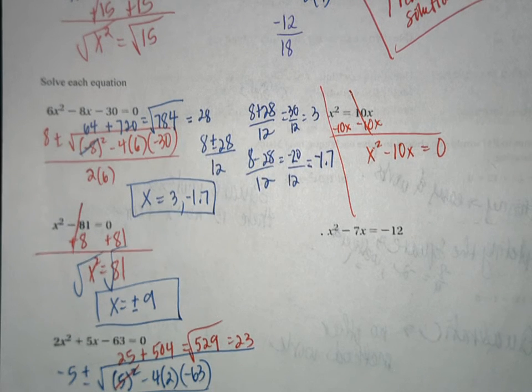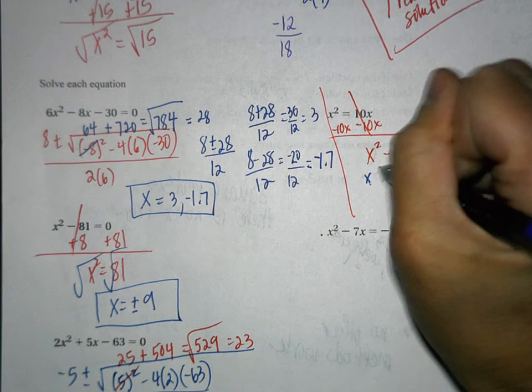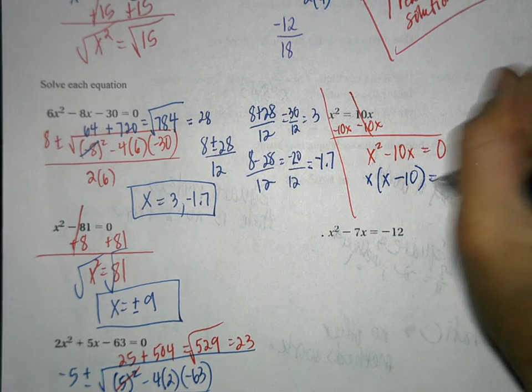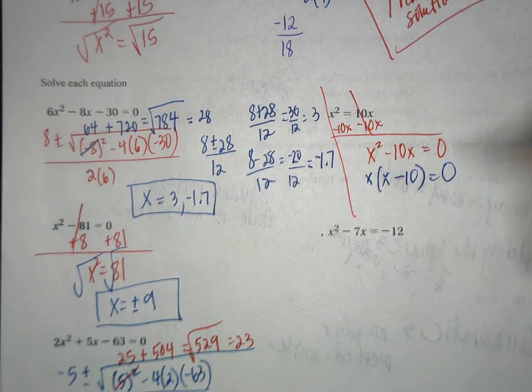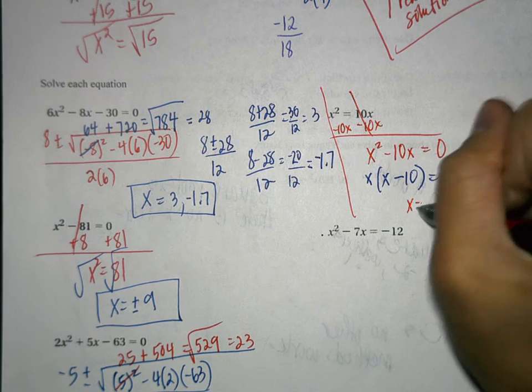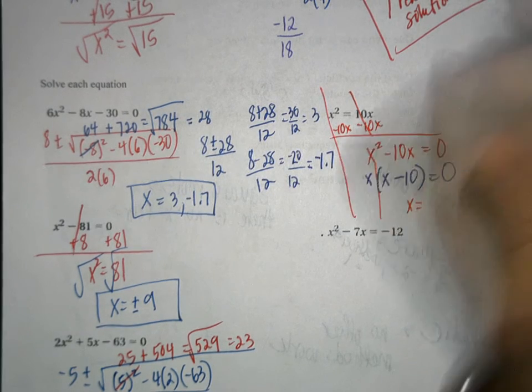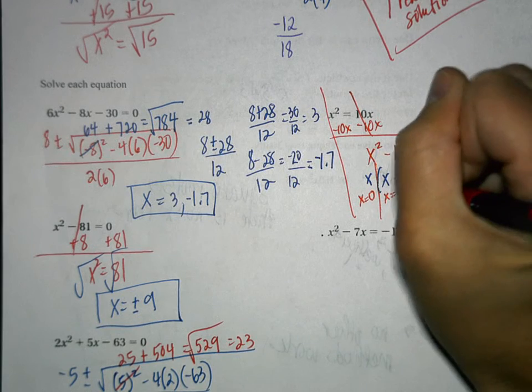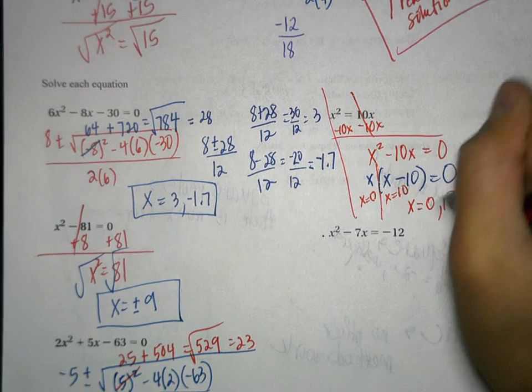I think I heard someone say that. But I would factor. Do you guys notice that they have a GCF? Yes. What is the GCF? X. So we take out an x and we're left with x minus 10. When you set those equal to 0, what does x equal? This one would be x equals 0, and this would be x equals 10. So 0 and 10 are my answers.